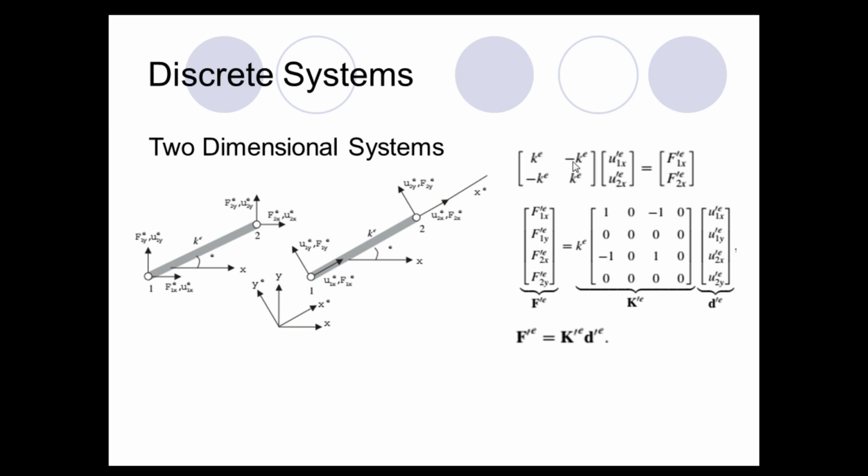Now I'm decomposing this. Now this line will give me the relationship between the displacements and f1y. Certainly all the members are 0.